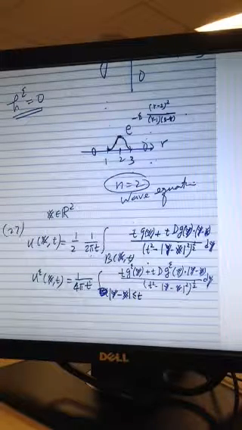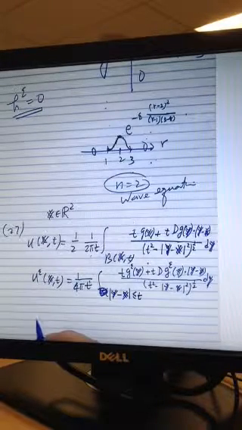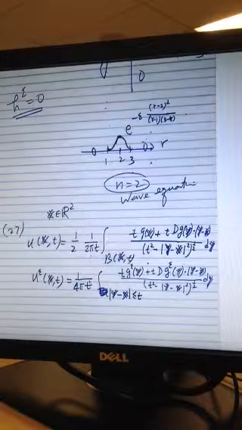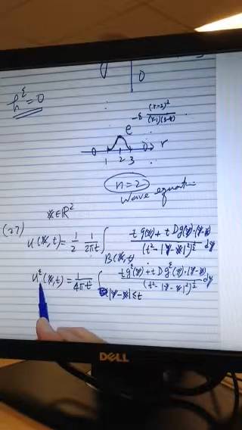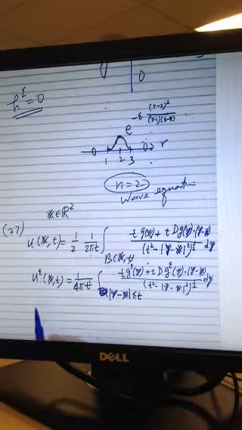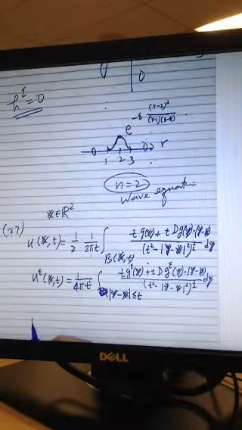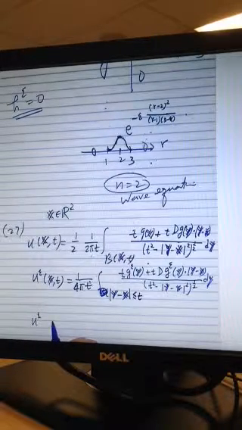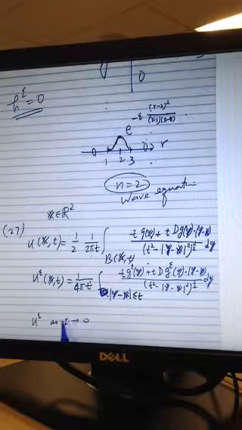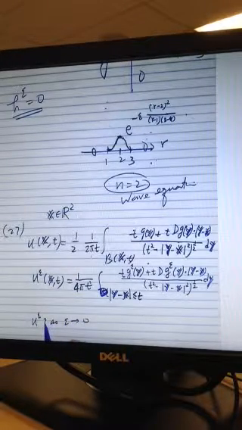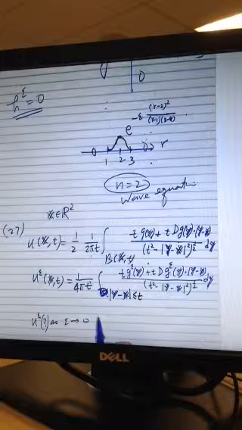And it's interesting to see what happens to u epsilon as epsilon approaches 0. We'll check on this one.